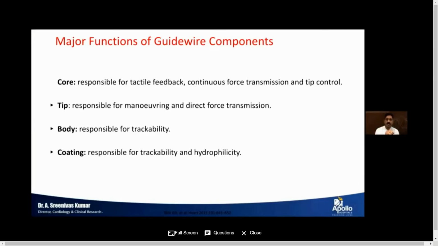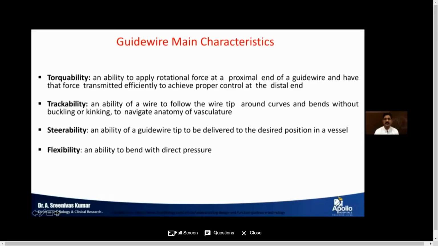The tip is responsible for maneuvering and directing forces for tracking the wire, and that's why it's very important to properly shape the tip, which we'll discuss soon. The body is responsible for tracking, and the coating is important especially for hydrophilicity and trackability of the wire. Each component of the wire has specific functions, and all of us should understand this.